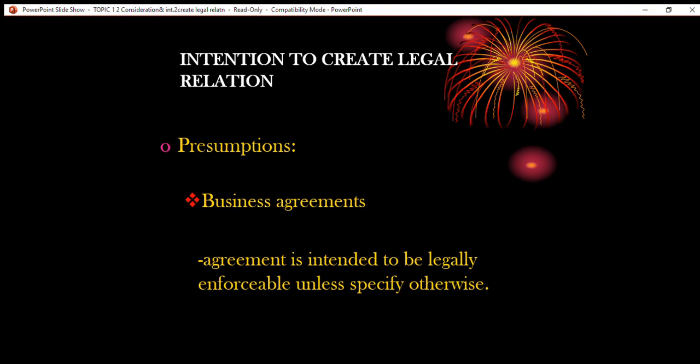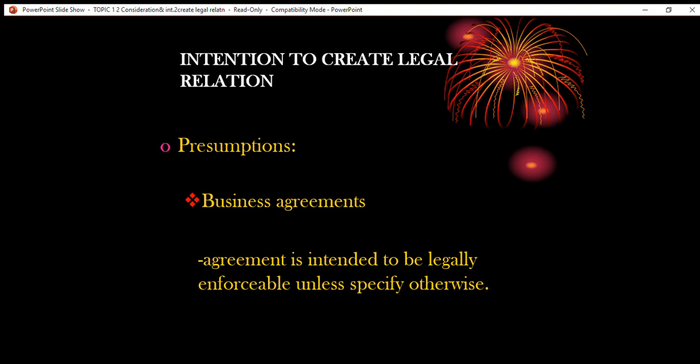There is one case here, the case of Wynn against Bull, 1877. In this case, it happened between two parties. In the agreement, they stated that their current agreement is subject to a formal contract. So at first instance they just had an agreement, not a formal contract.